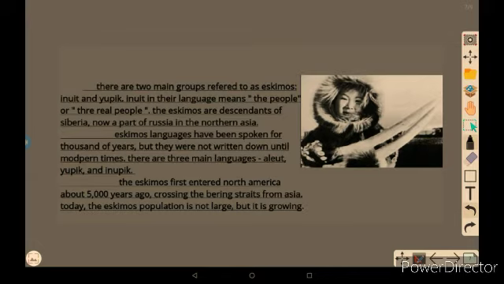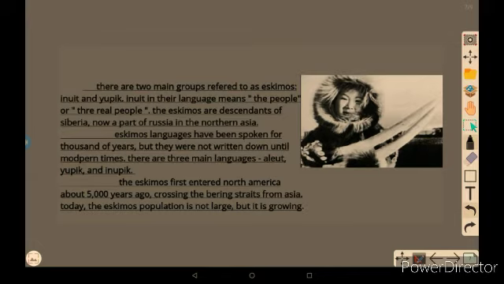Inuit is the language. In their language, some word means this, some word means that, like in English and any languages. So Inuit in their language means the people or the real people.